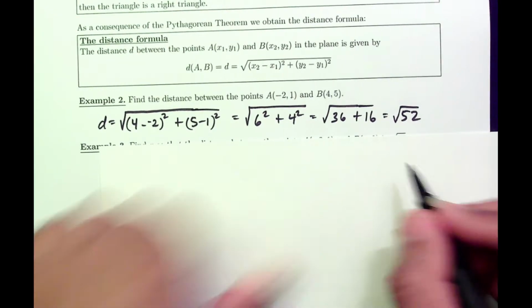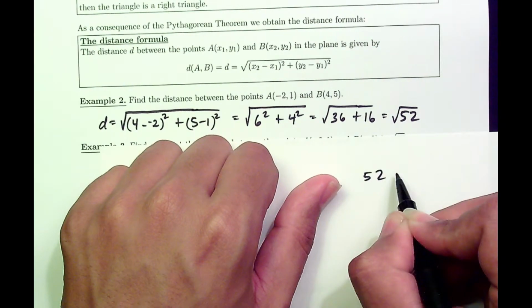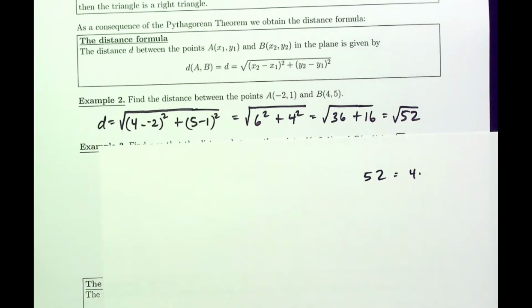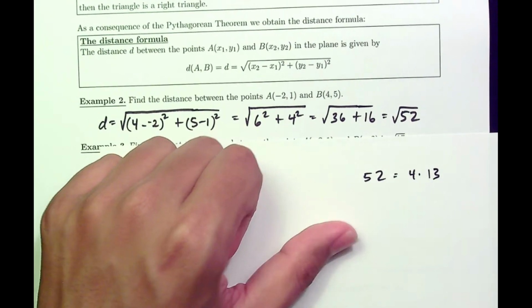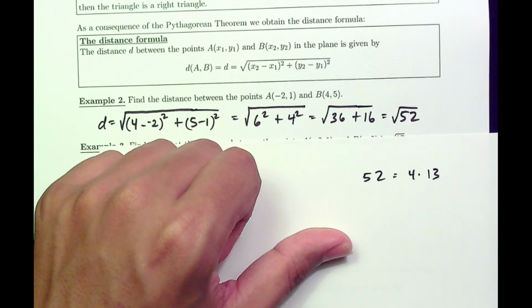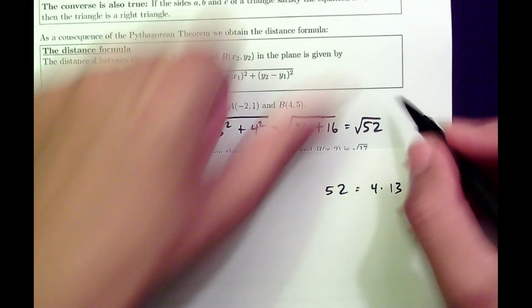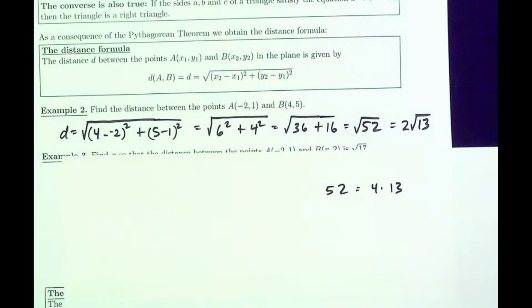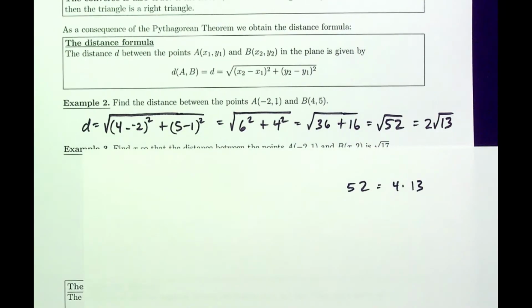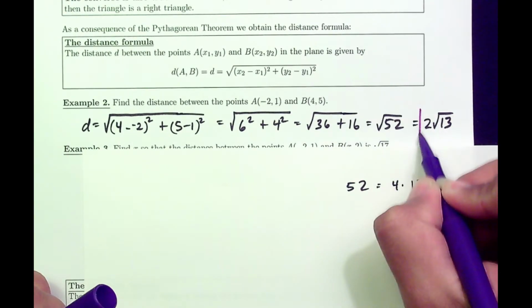I think we can, because 52 is 4 times 13, and the square root of 4 is 2. So this is going to be 2 square root of 13, simplified. Box it up.